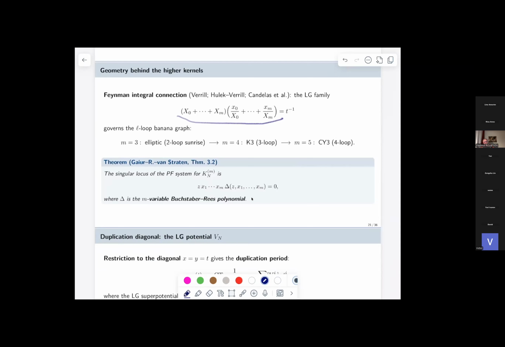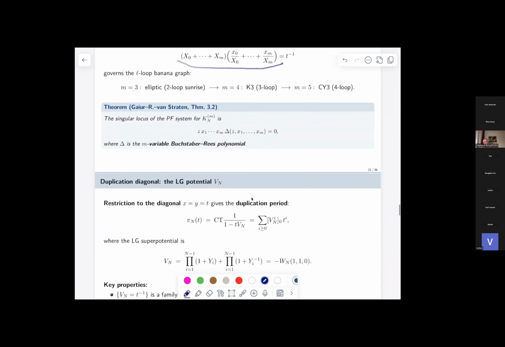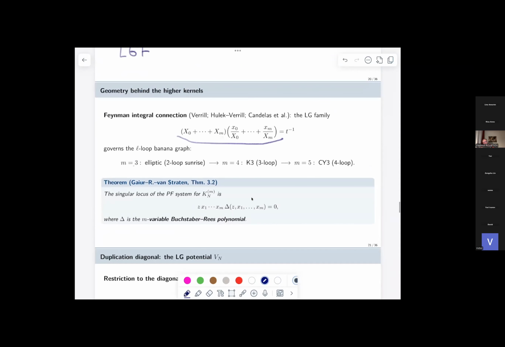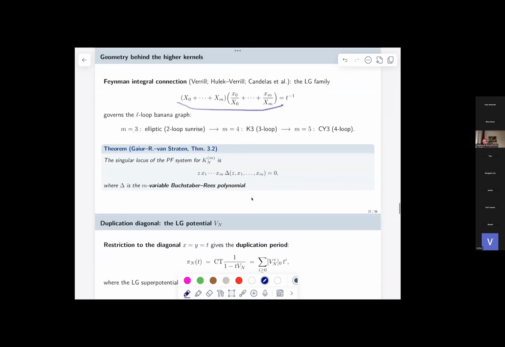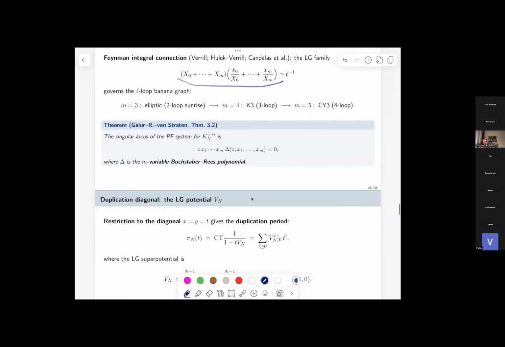For example, the two-loop banana graph corresponds to Hulek-Verrill with m equal to 3, and the three-loop case to m equal to 5, etc. Our theorem applies to these Hulek-Verrill varieties, and we obtain some period related to these varieties for m equal to 5.